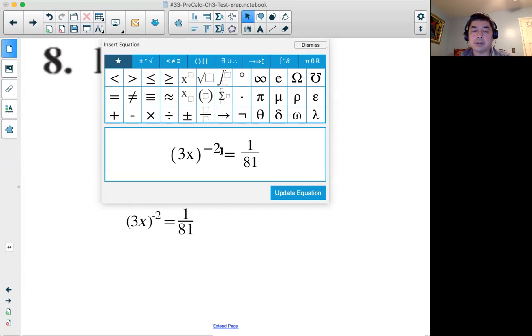So what we have to do is, if you write positive exponents, you have to have a fraction. Do you remember the rule of the negative exponents? You put the 1 on top, and you write down the base, which is 3x, to the positive second power.